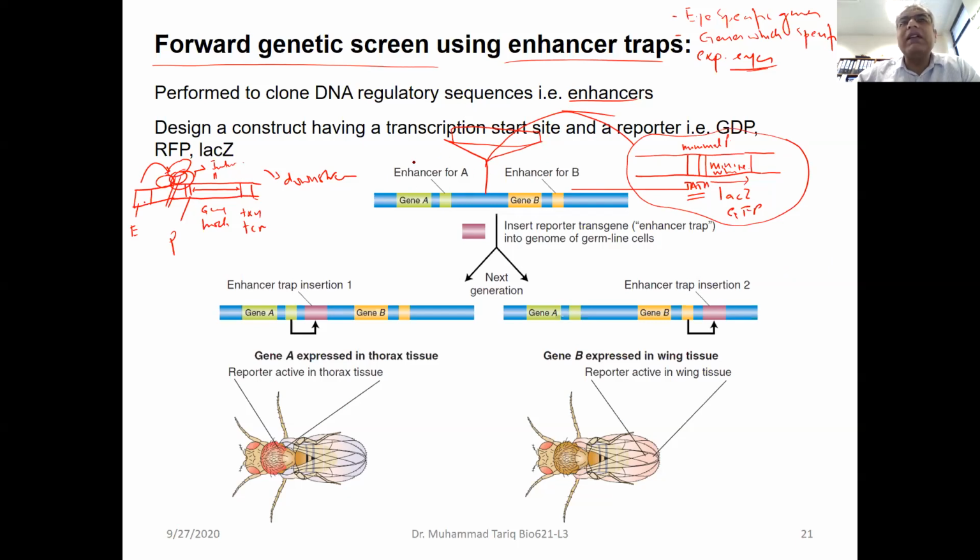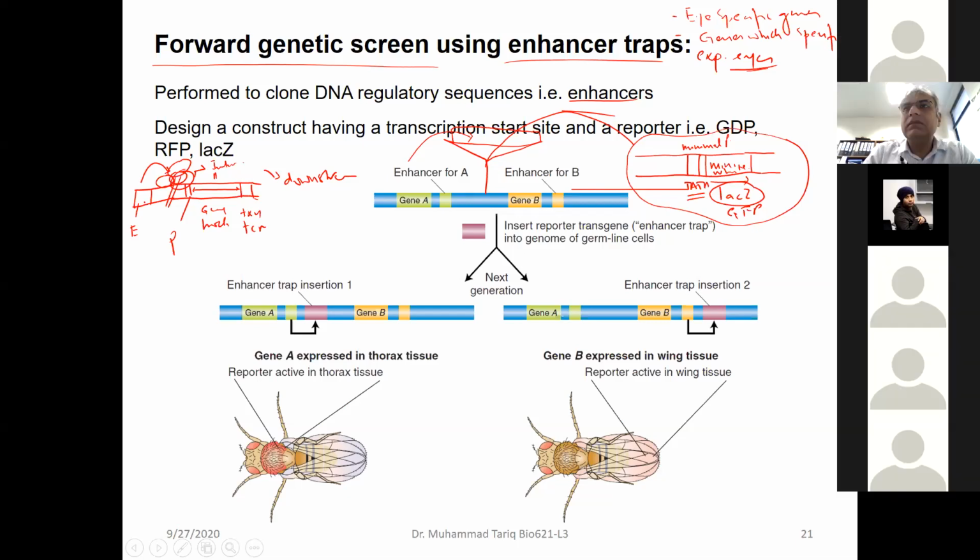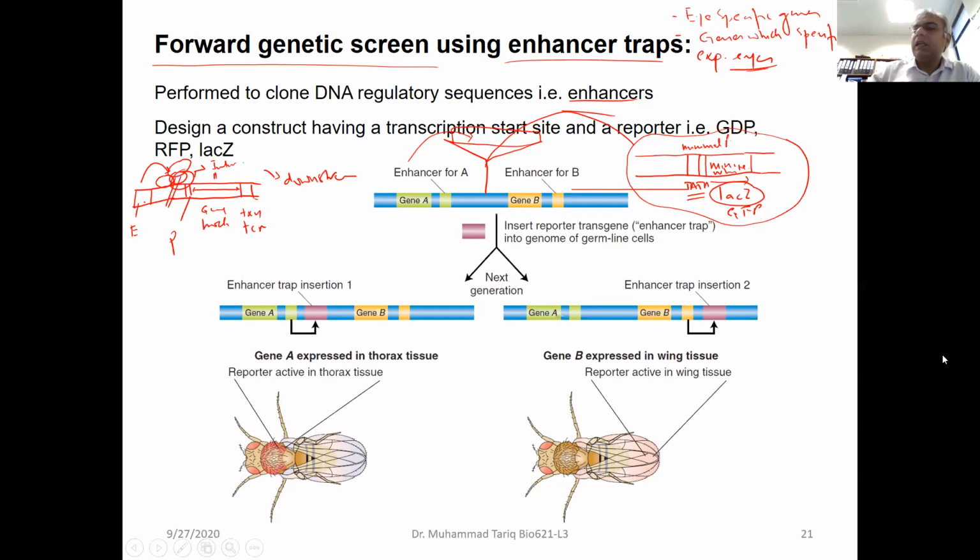The enhancer will act on the minimal promoter in our construct, and then our reporter will be active. Is it clear? Are you with me all? Yes, sir. Good.